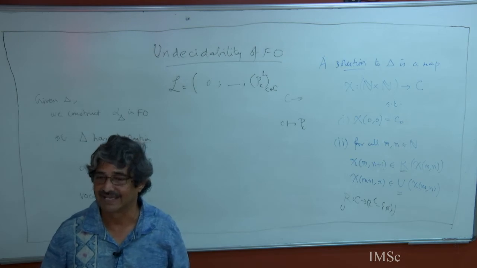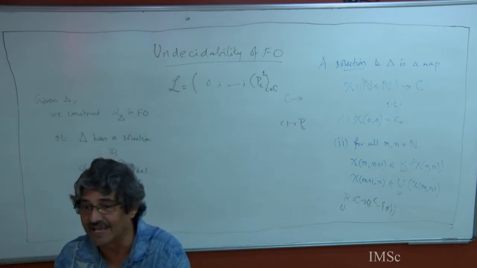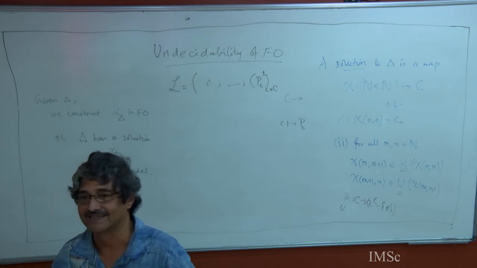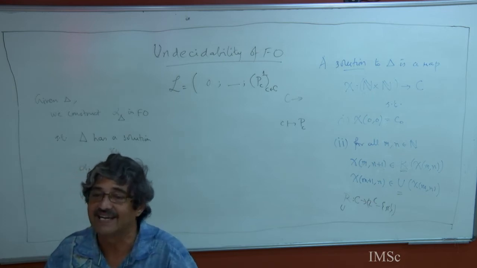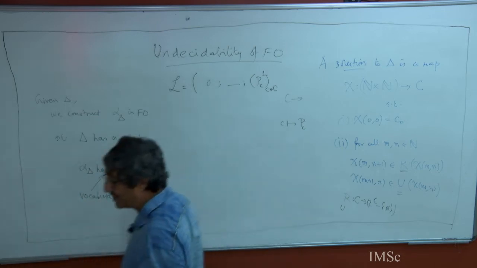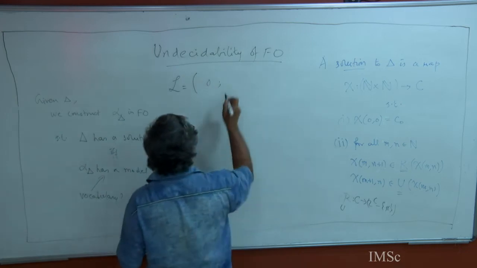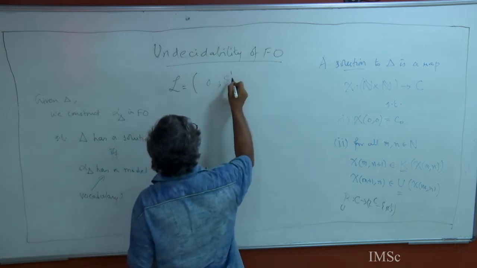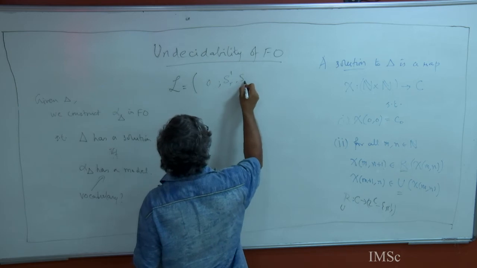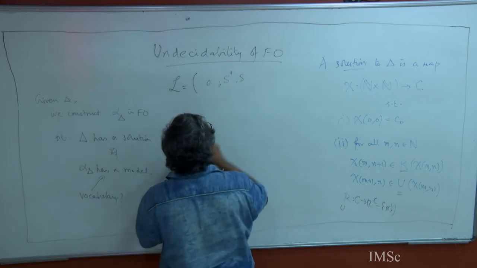What is that? I need to be able to talk about moving along the x-axis and moving along the y-axis. Moving in two different directions. Yeah? Successor functions. So I need successor functions, but not one. I need two.